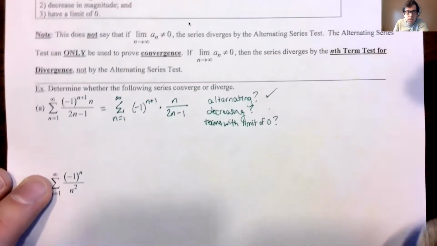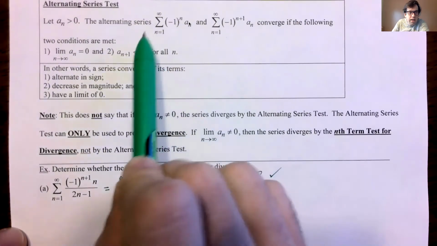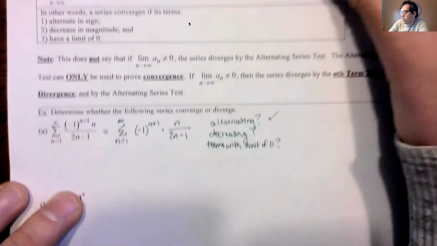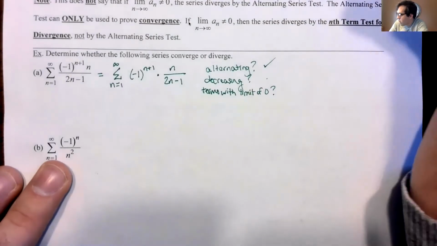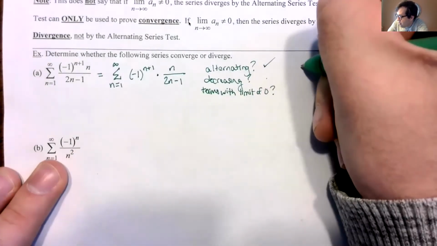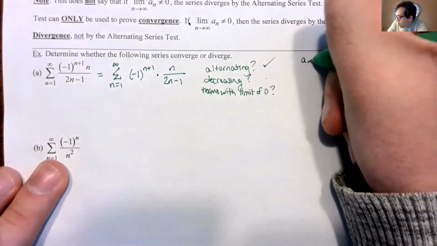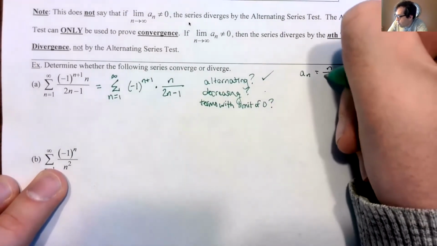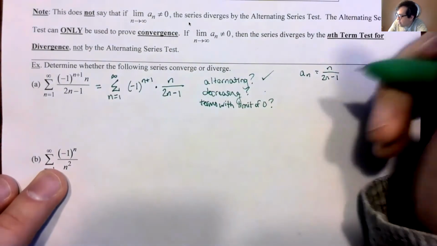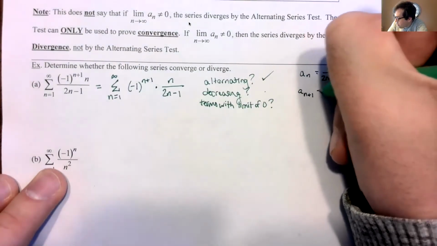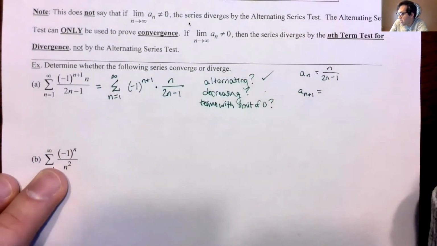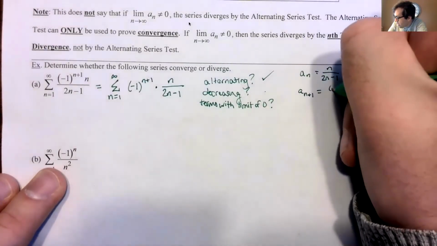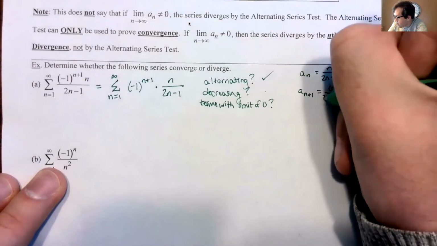What we're going to do, it's like we saw up here, a sub n plus 1 has to be less than a sub n. That's the way we can prove this. So we're going to plug in n plus 1 for the n. Let's say a sub n is n over 2n minus 1. Then for a sub n plus 1, we're just going to make a generic next term in the series by changing all of the n's to n plus 1s.